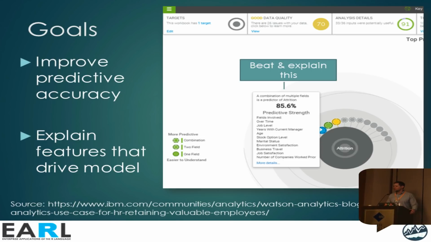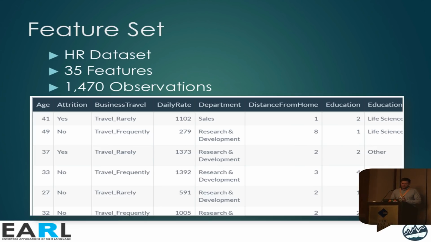Most businesses, they want to understand not only what's going to happen, but why is it going to happen? So because then they can pull on the levers and be able to kind of drive the ship, right? So the other piece of this is that we wanted to do a good job explaining the features that drive the model.